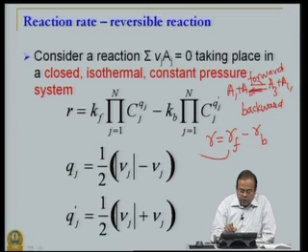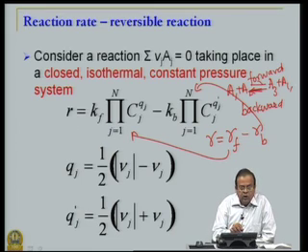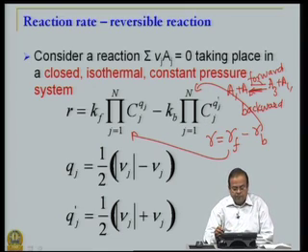For example, if you choose Rf as product of Cj raised to Qj and the forward rate constant Kf, Rb as product of Cj raised to Qj prime, need not be same as Qj, and the rate constant Kb. So, the net rate of reaction is Kf into the product of Cj raised to Qj minus Kb into the product of Cj raised to Qj prime.